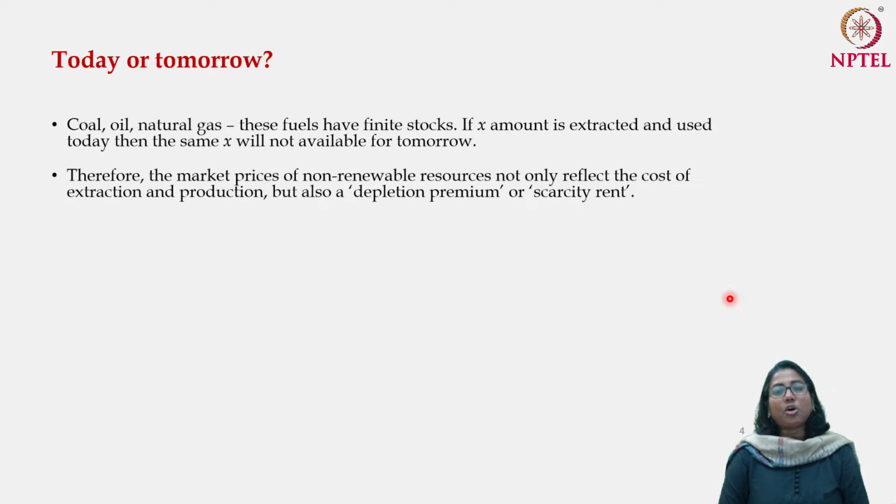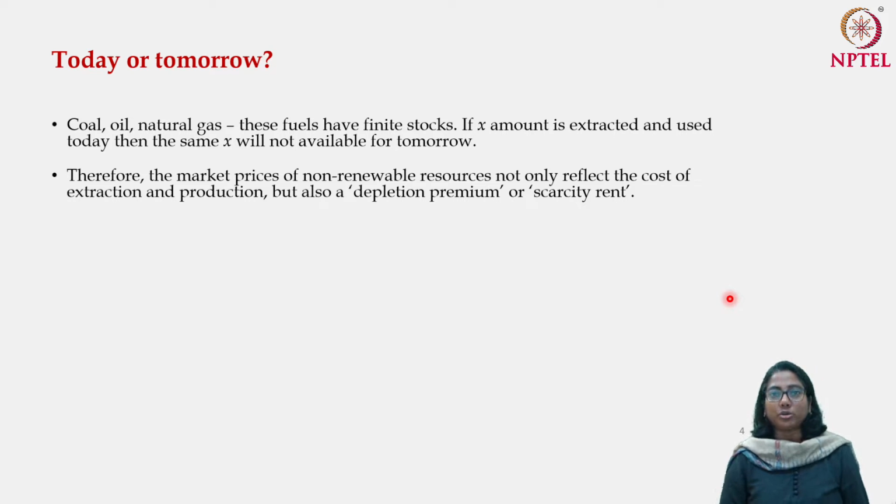The market prices of these non-renewable resources, other than reflecting the cost of exploration and production, also reflect something called a depletion premium or a scarcity rent. Now let us spend a couple of minutes to understand what is depletion premium or scarcity rent. There is a finite stock of these resources.